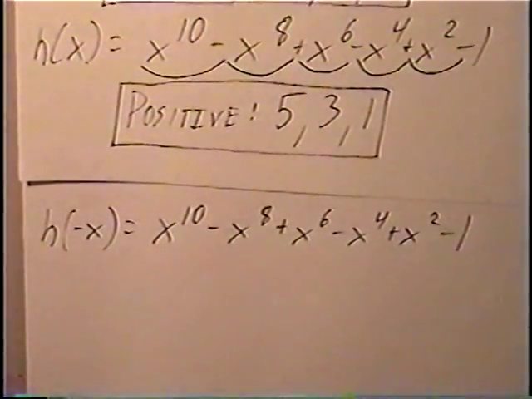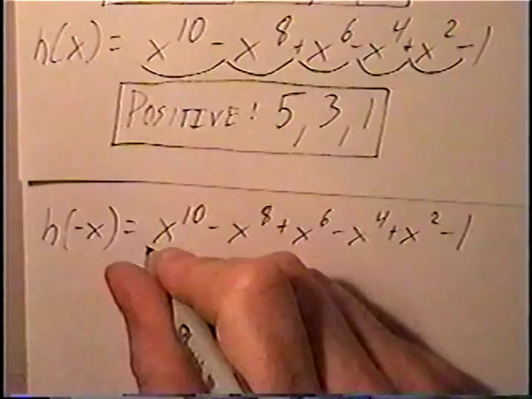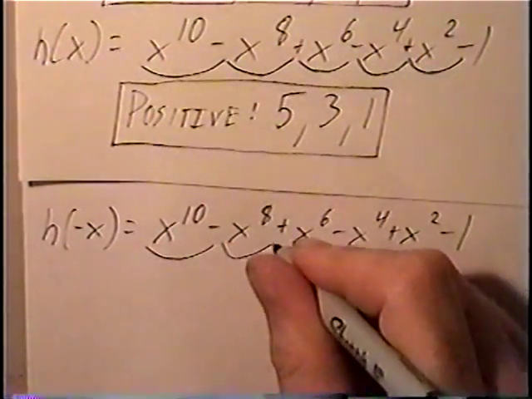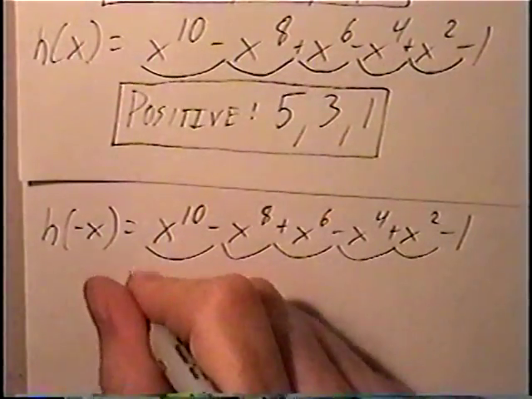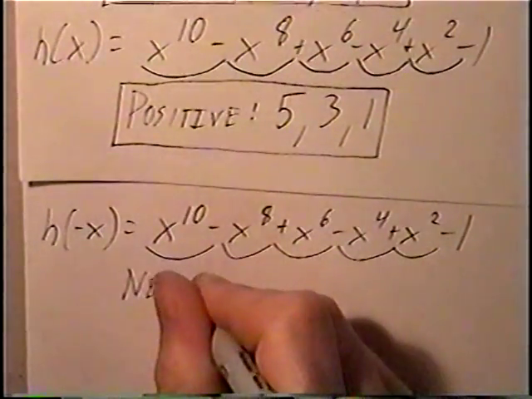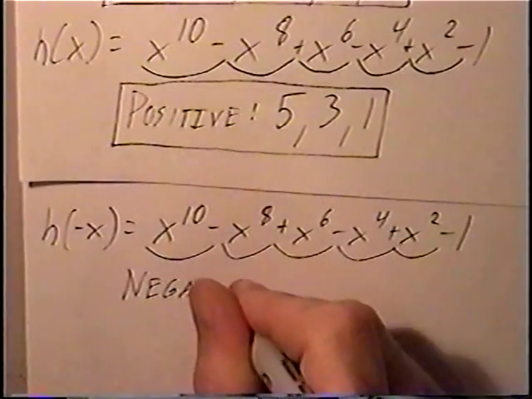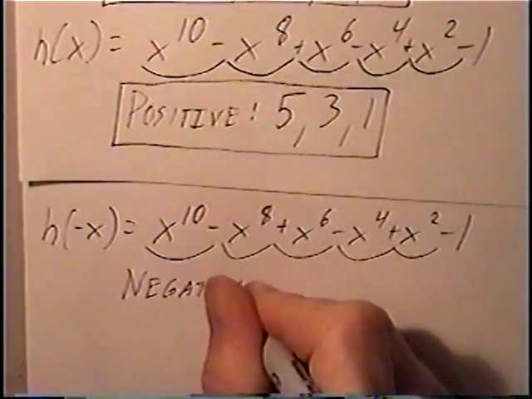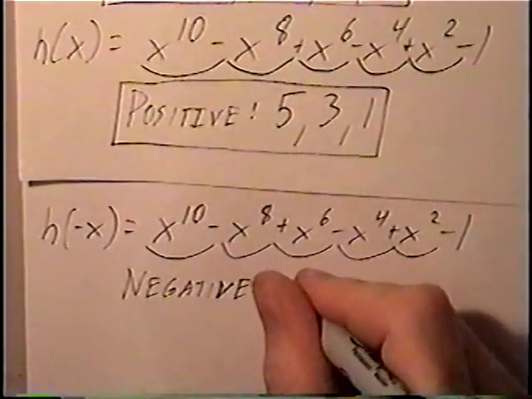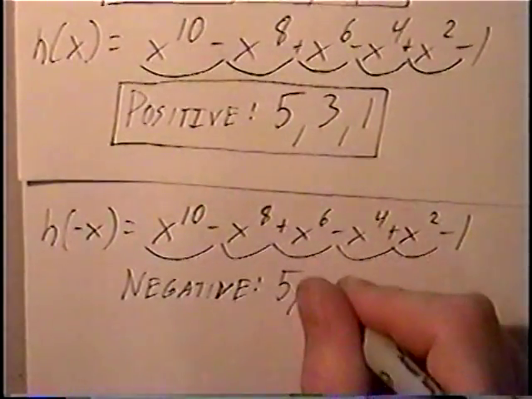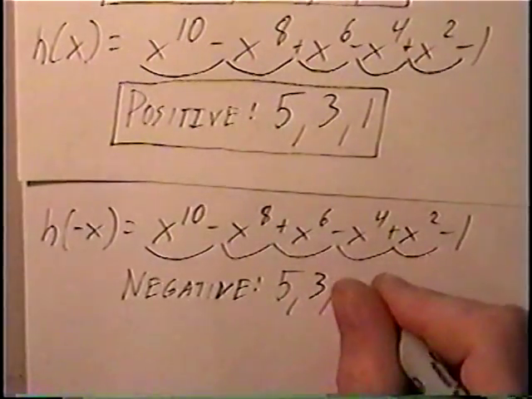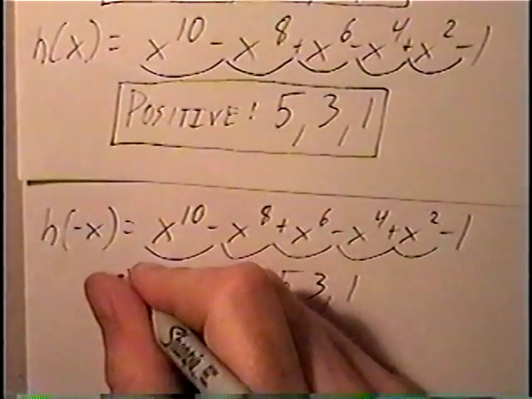Counting the sign changes, since the function stayed the same, would be every single sign change, which again would be 5. So the negative zeros, we'll start with 5, since there's 5 sign changes, and again take away 2 each time, so you could have 5, 3, or 1 negative zeros.